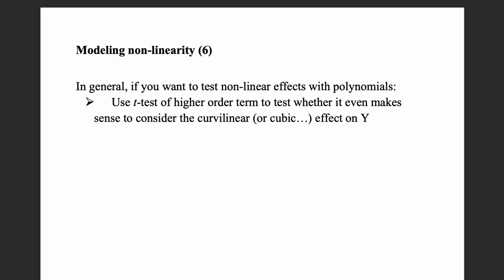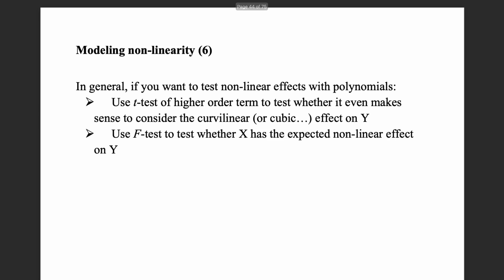So first look at, in our example, the coefficient for GDP squared, whether that's associated with a p-value low enough that you are willing to reject the null hypothesis that the regression coefficient is 0. If I can reject that null hypothesis, then at least it makes sense to consider a curvilinear or more complicated effect on our dependent variable.